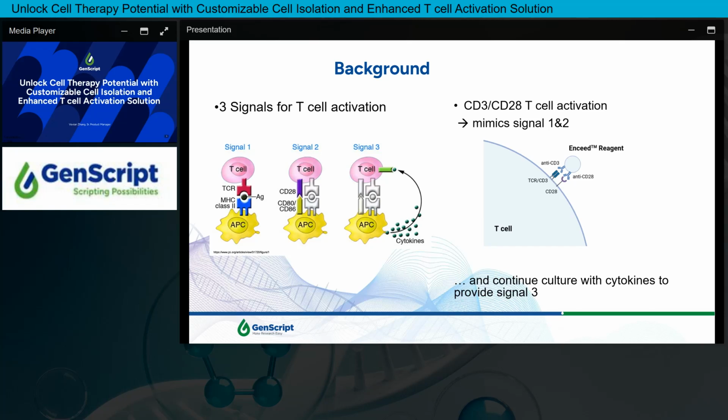With the CD3 and CD28 antibody conjugation on the surface of the reagent, it can engage with the TCR as well as the CD28 on the T cell to complete the first and second signals in natural T cell activation. And in addition, in combination with the cytokines provided in the culture, all three together will complete the T cell activation.